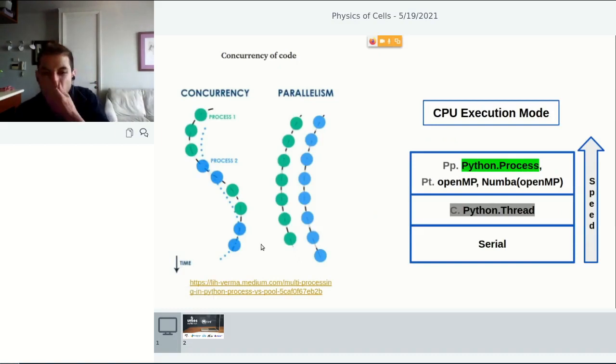Okay, so this concurrency is what happens here in this gray area called Python threading tools.